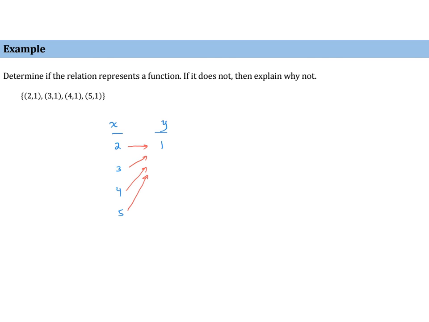So the question is, does this represent a function? Reread the definition and make your determination. So I suggest pausing the video now, reviewing that definition, look at the previous examples, and see what you think. Come to your conclusion, and then unpause the video and see if we agree.